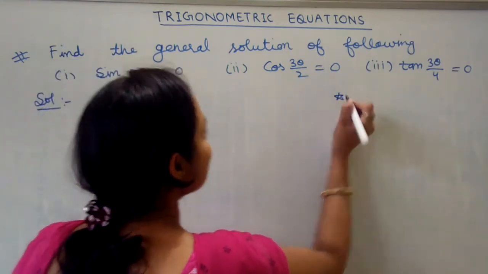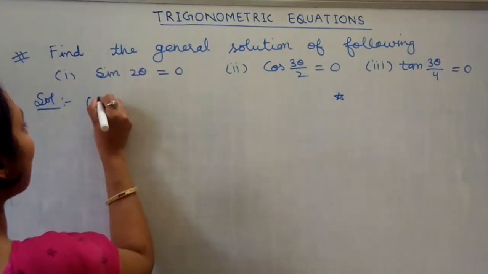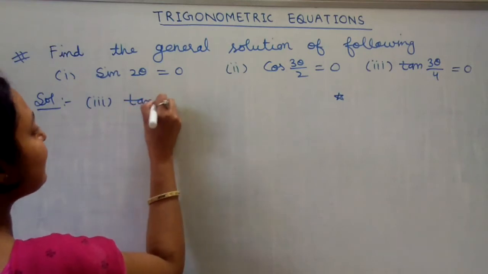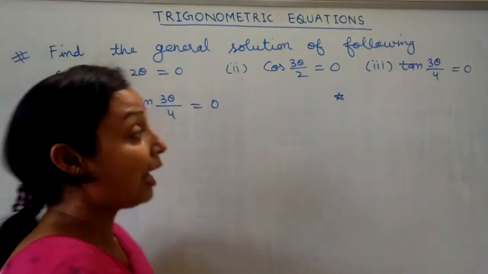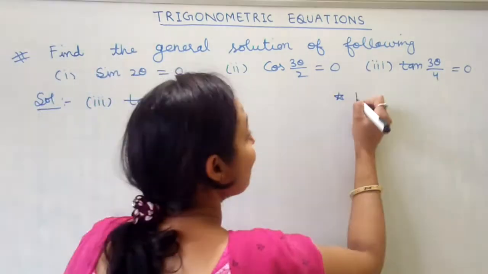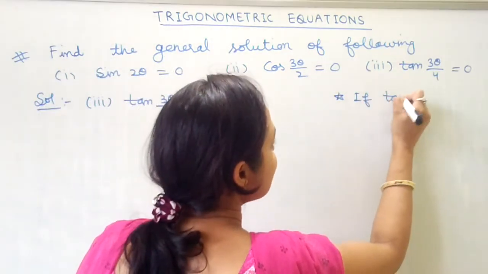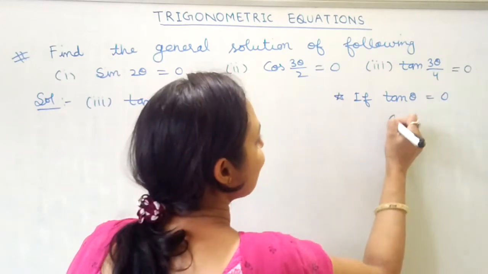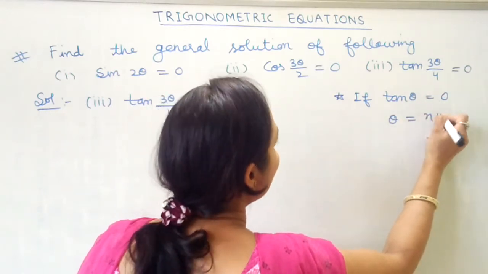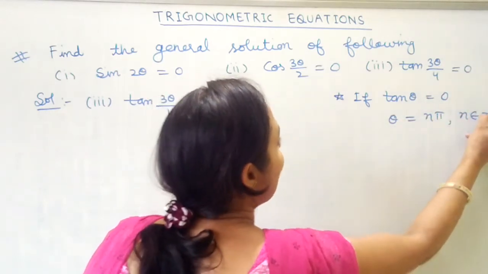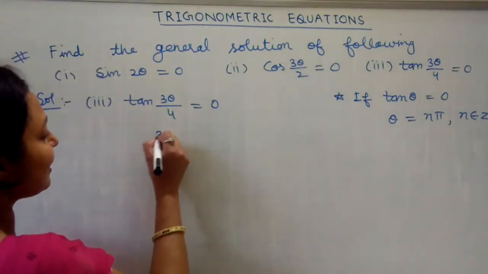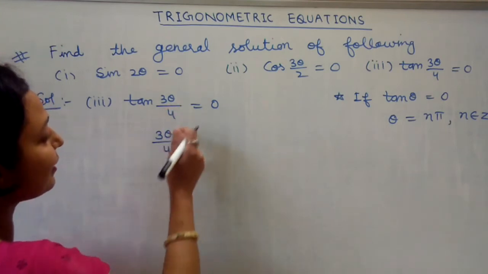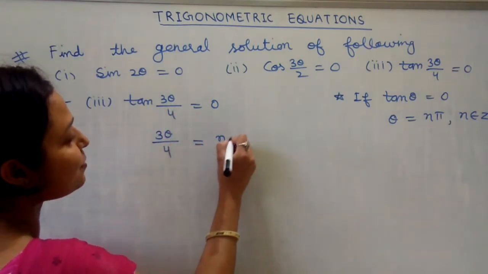That is, the third part is based on tan 3 theta by 4 equals to 0. Now, I will write the formula first of all. If tan theta equals to 0, then theta equals n pi. It is similar to sine. So 3 theta upon 4 is equals to n pi.